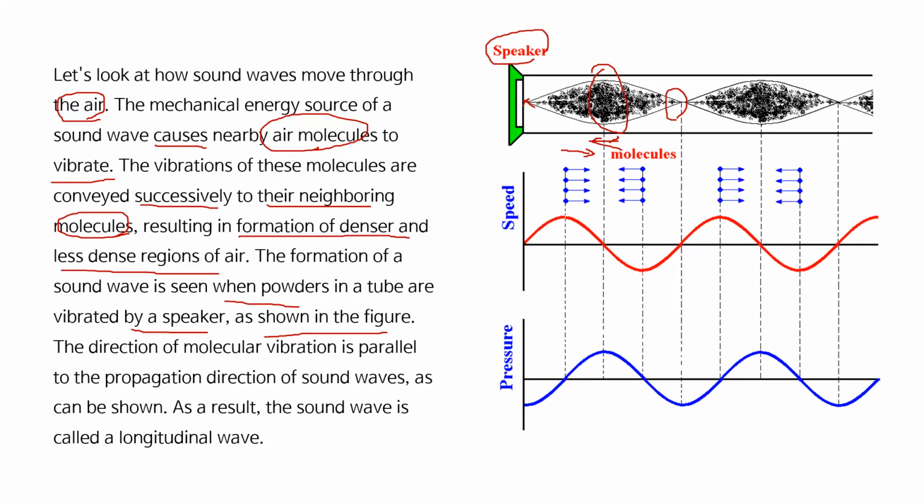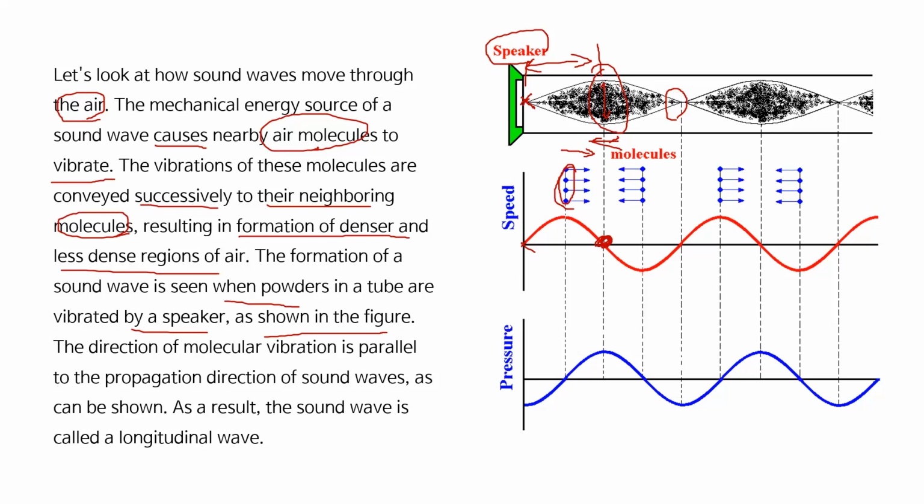So the speed of the air molecules at this point is 0, and in between these 2 points, the speed of molecules is largest, and at dense region, molecules are stationary here, so speed of molecules is 0.